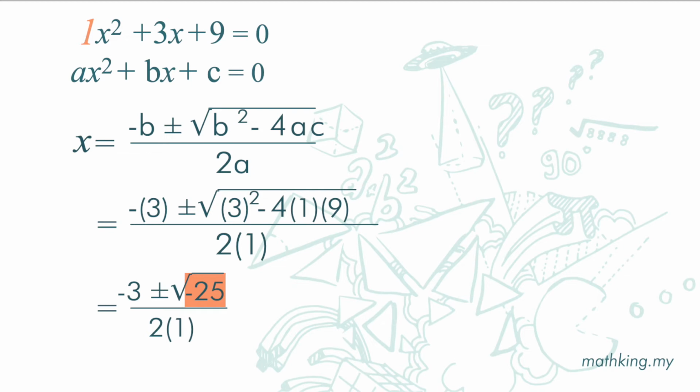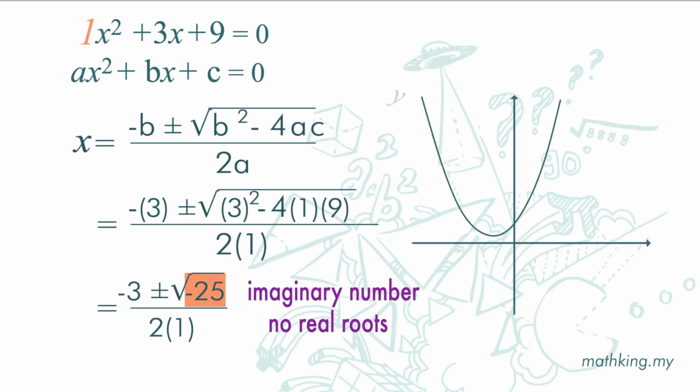The square root of a negative number is called an imaginary number. We can't find a number that multiplies by itself and gives us a negative number. In this case, we say that this equation has no real roots. We will come back to this topic in the next video. If we draw a graph for this quadratic function, the graph will not intercept the x-axis.